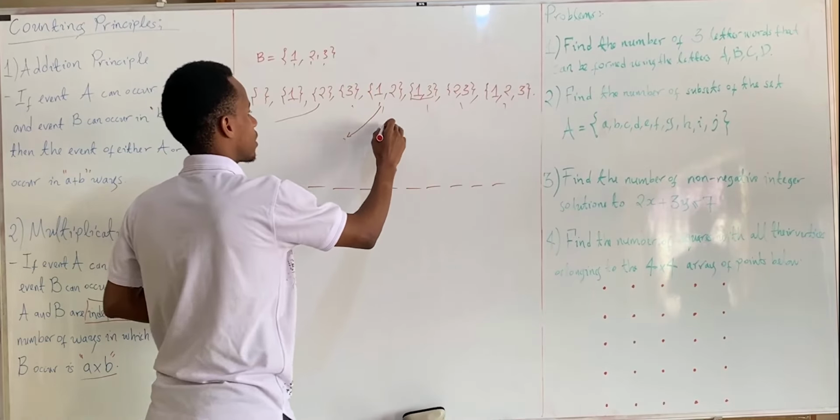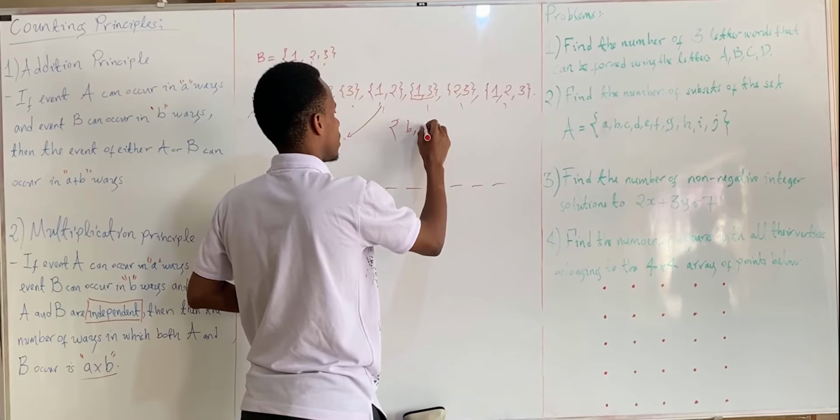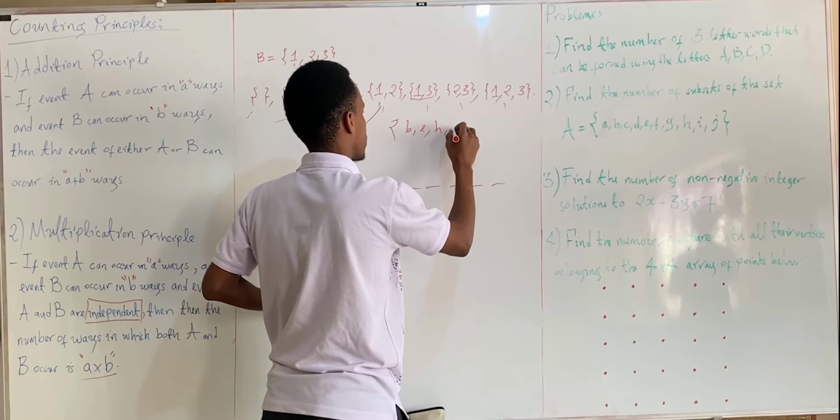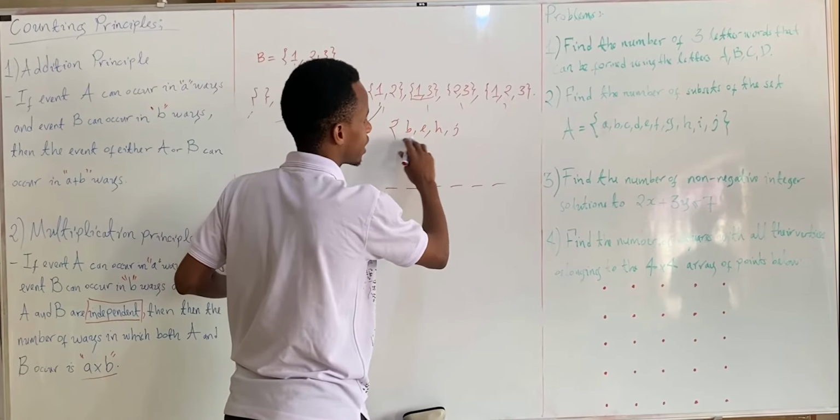So for example, a subset like B, comma E, comma H, comma J can be represented as follows.